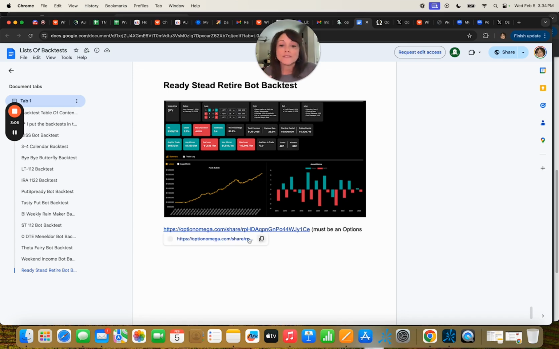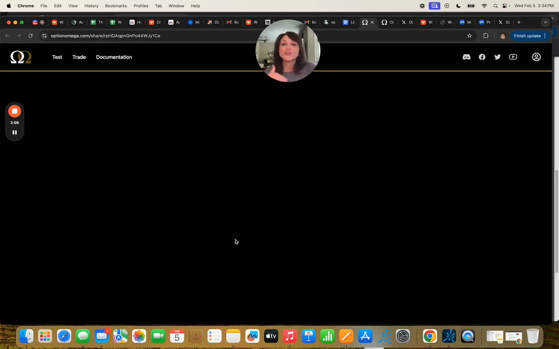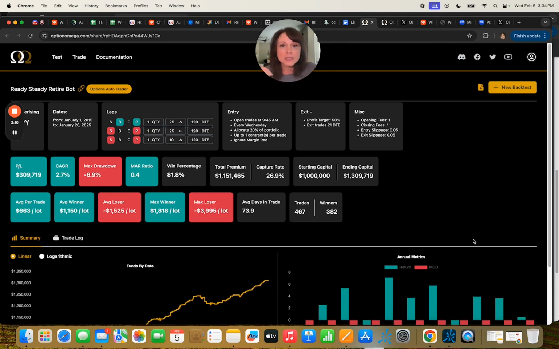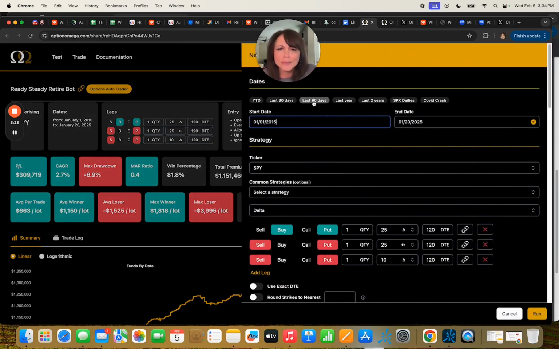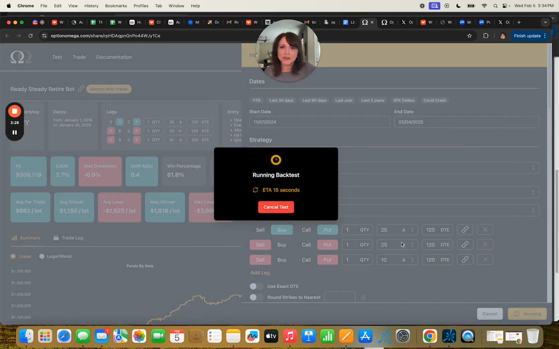But if you do have a subscription to Option Omega, you can then open up this back tester and you can modify it. So if I didn't want all of these, this is a long period of time that he has back tested, right? 10 years. If I didn't want that and I was like, well, how is this strategy doing in the last 3 months as an example, right? I could then change the backtesting dates.